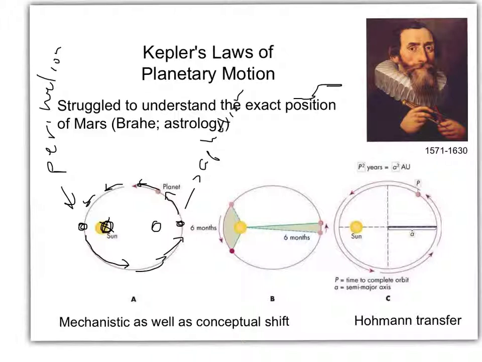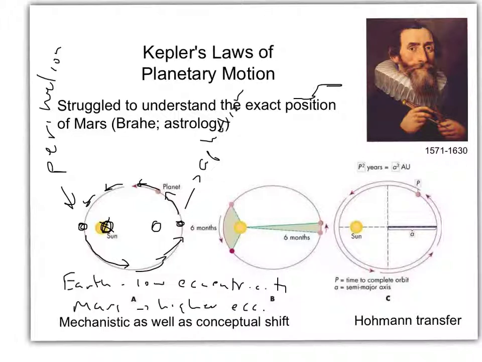Earth's orbit is fairly circular, and it has a low eccentricity. Mars has a much higher eccentricity. Mars's orbit is much more elliptical looking than the Earth's, which looks fairly circular even though it's not quite a perfect circle.